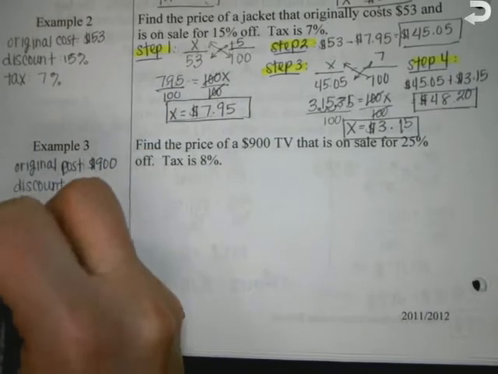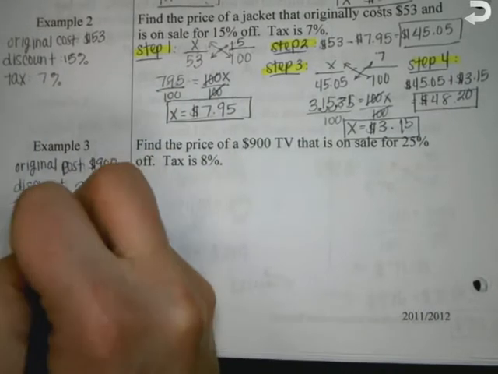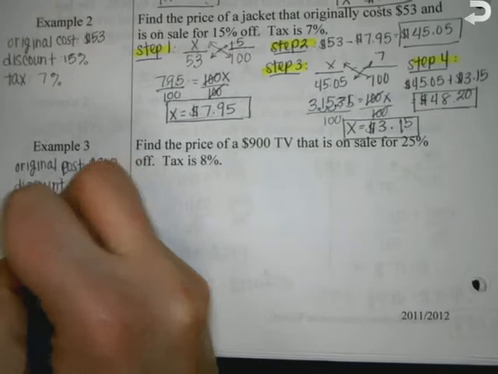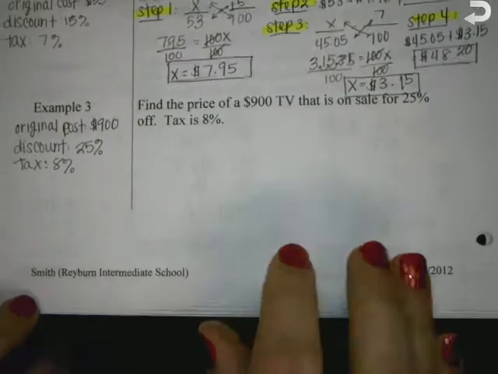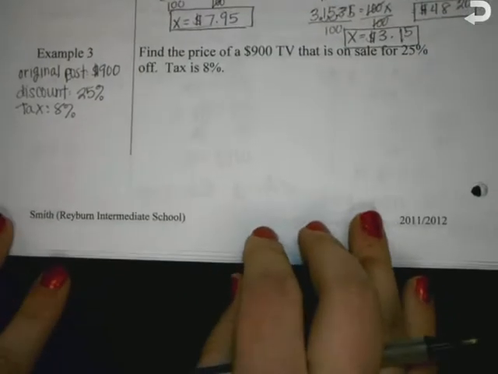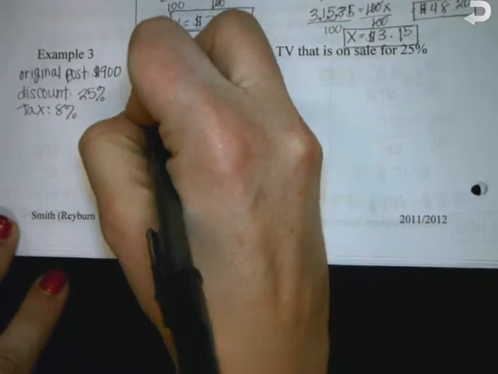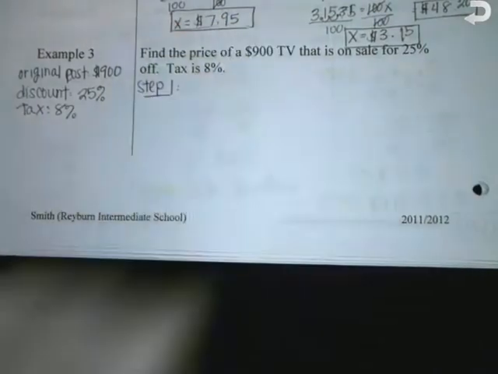All right, so step 1. What do I need to do for step 1 of this problem? Can somebody tell me? Well, first I need to set up a what? A proportion.